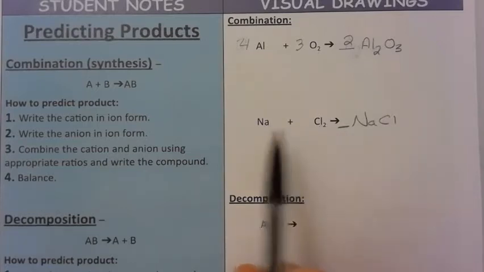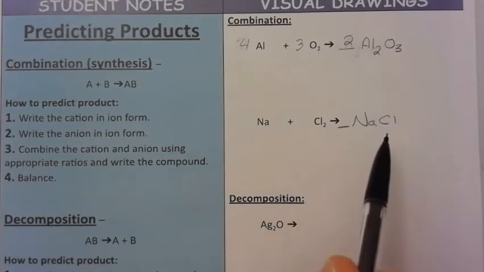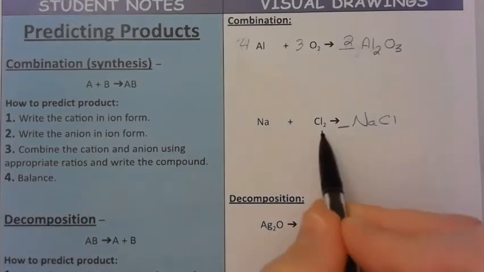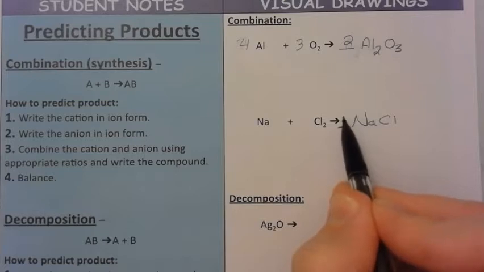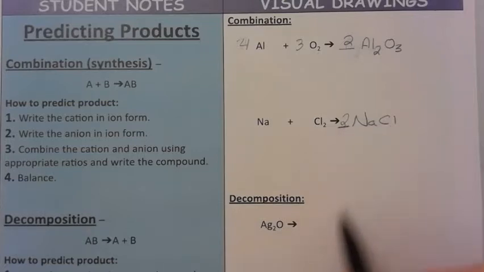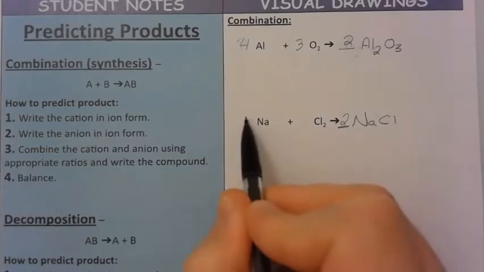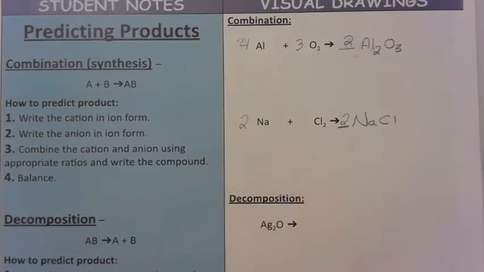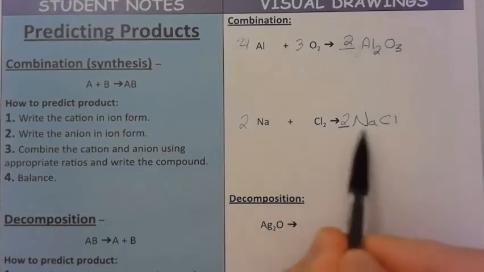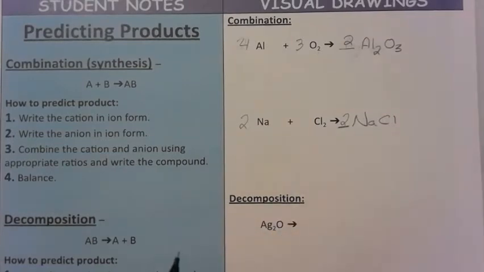We can't just slap those two things together and say NaCl2, right? If we've got 2 chlorines going in, we need a 2 here to have 2 chlorines coming out. And then if we have 2 sodiums coming out, we need 2 sodium atoms going in. So 2Na, 2Cl make 2NaCl.